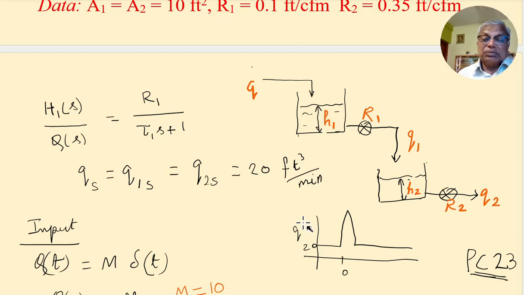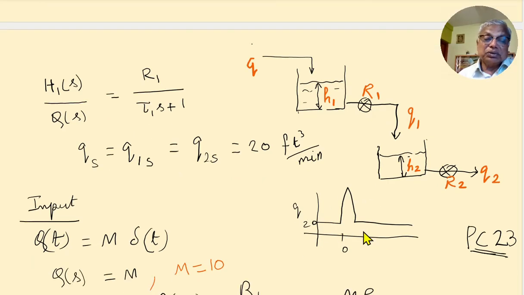So this is an impulse input. What is an impulse input? The details of impulse input are discussed in my lecture video titled PC23. This is how the impulse input is written: Q of t, in terms of the deviation variable, capital Q, equal to m into delta t.